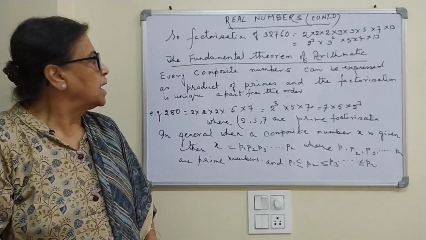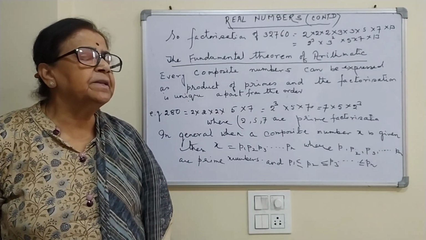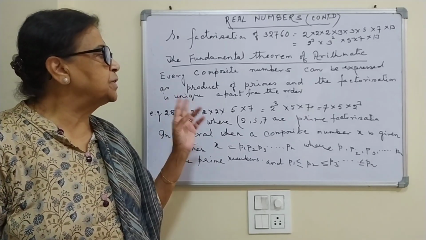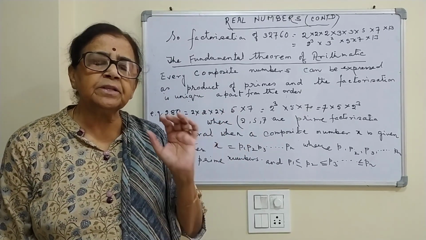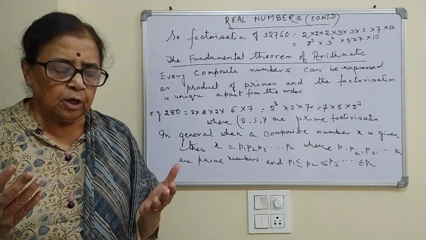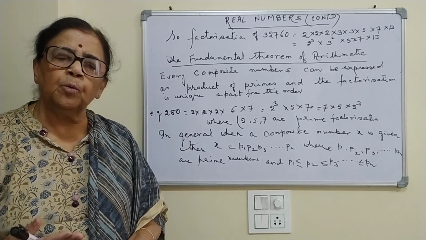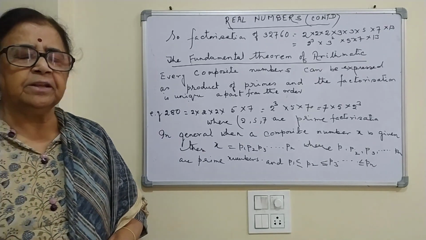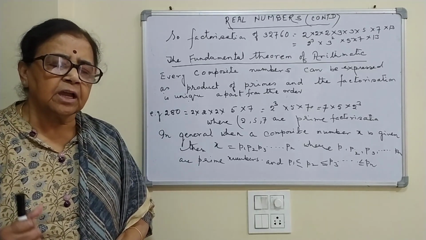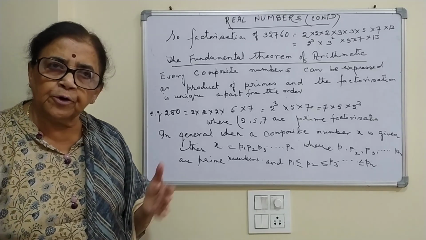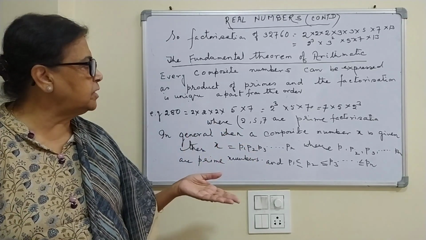Okay, so now the fundamental theorem of arithmetic. What is the fundamental theorem of arithmetic? Every composite number, what is a composite number? A composite number has more than 2 factors. Suppose 14. 14 is 1 into 2 into 7.